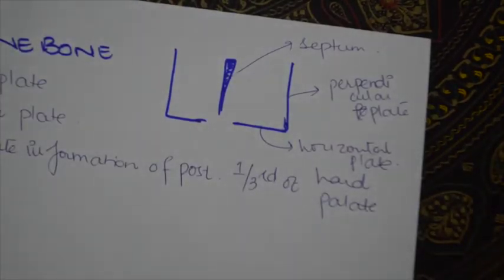Now for the information, actually horizontal plate is making the roof of the oral cavity. We all know that horizontal plate is making the roof of the oral cavity, the posterior 1/3 of the hard palate, and it is also making the floor of the nasal cavity.